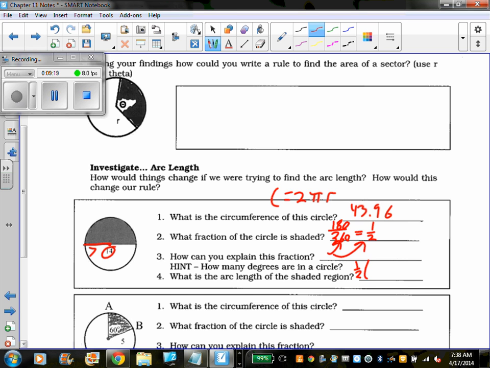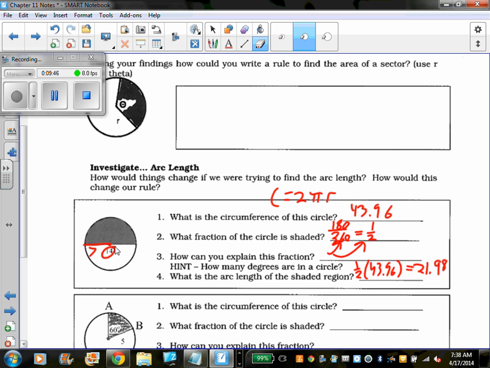So we'll have 1/2 times 43.96, which is then 21.98, and that would be the arc length. So very similar process to what we did with sectors, but we're dealing with circumference instead of the area formula.